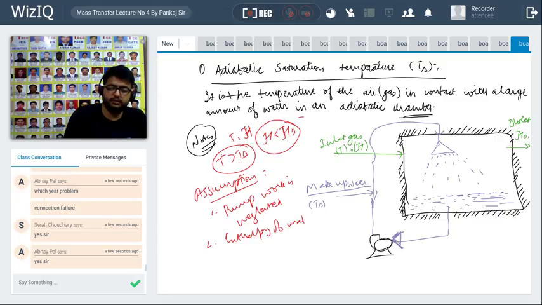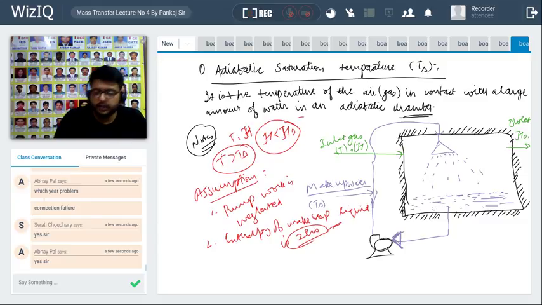The second one is that the enthalpy of makeup liquid is zero. What does this mean? It means that we assume that whatever water we are applying as makeup water has the same temperature as the adiabatic saturation temperature. Why?